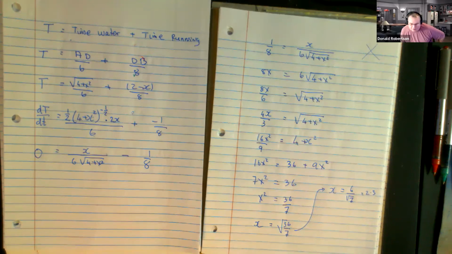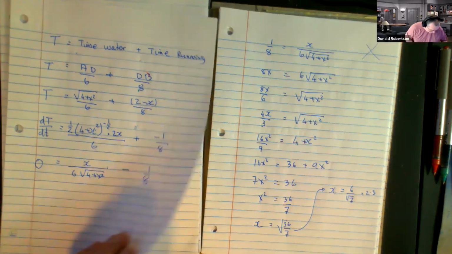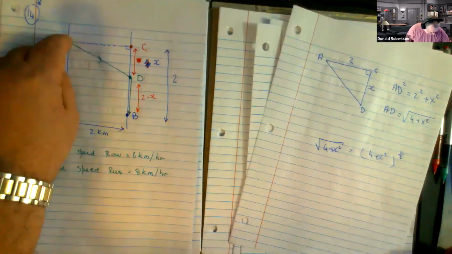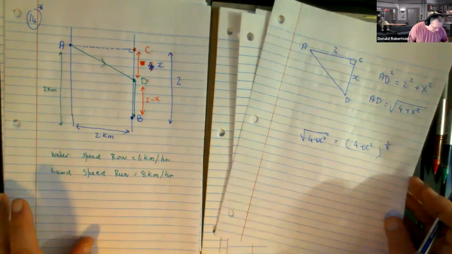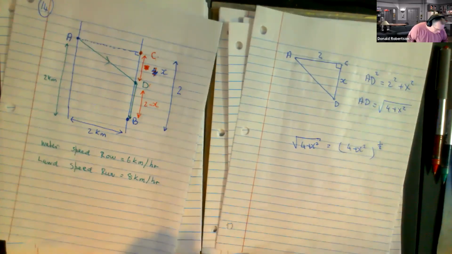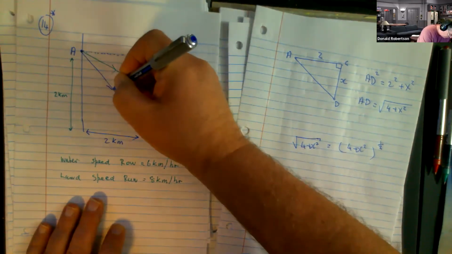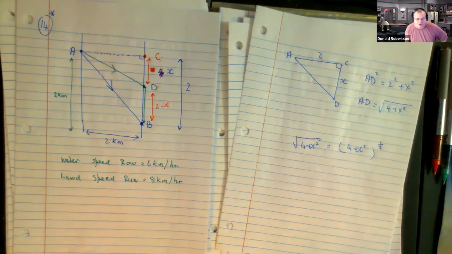So you then have to say, well, what on earth is the quickest way to get from here to here? And the answer is just go straight.